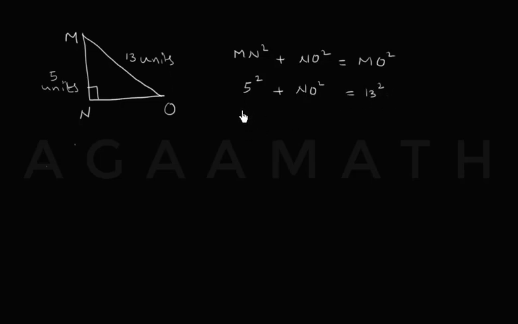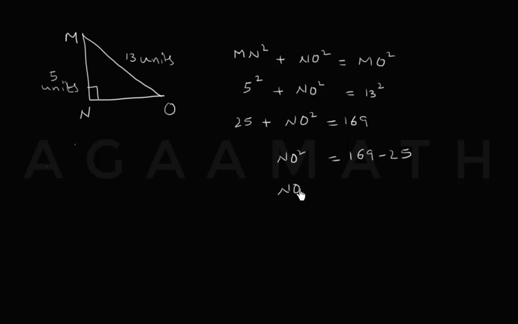So in this case 5 square is nothing but 25, plus NO square, let it be, as we have to find it now. 13 square is 169. So NO square is equal to 169 minus 25, because 25 transfers to this side as minus.